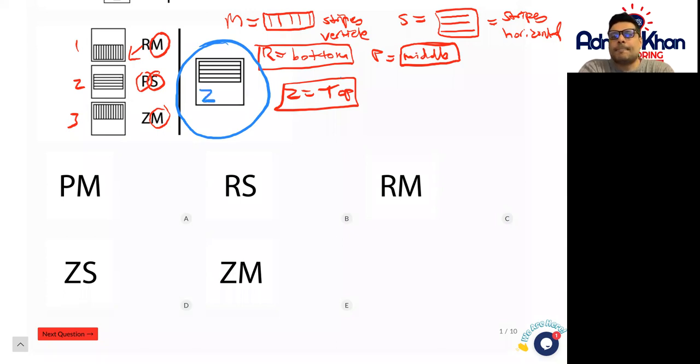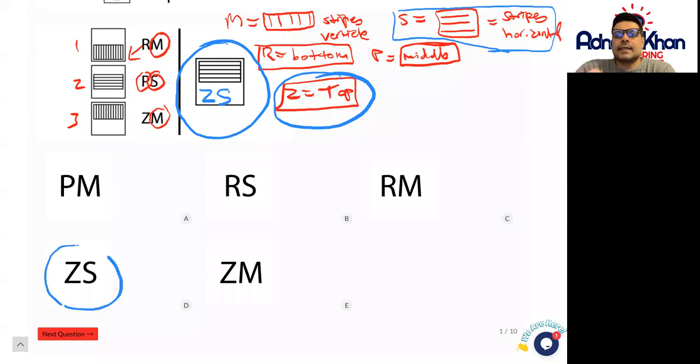The second pattern is the stripes going from left to right, so they're going horizontally. That means we're going to be using this particular option here, so it will be S. So I would go for ZS as an answer for this particular question.